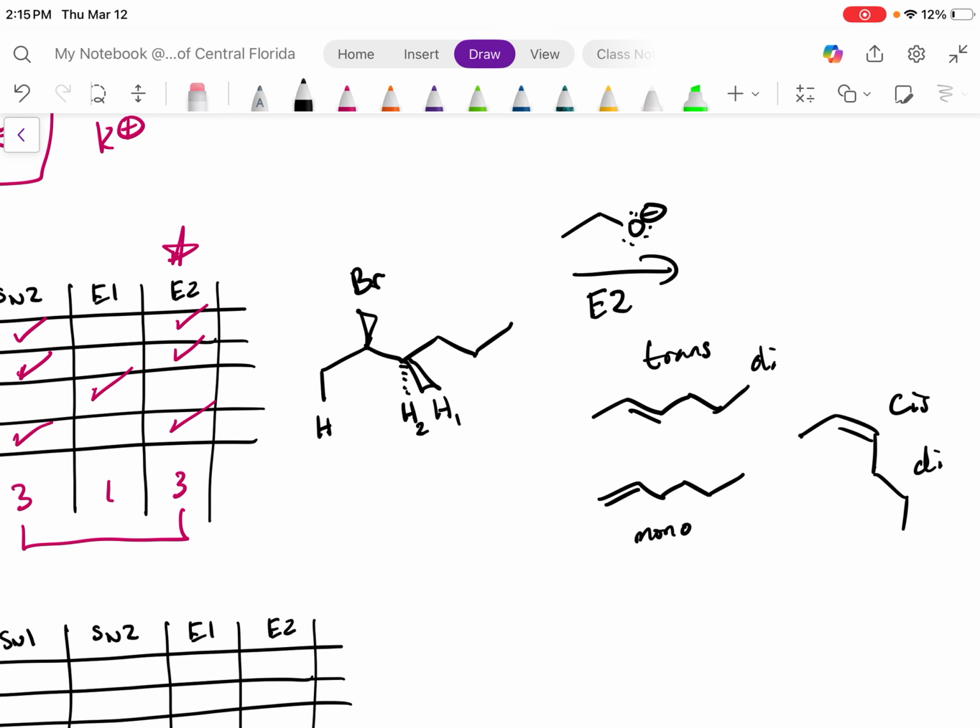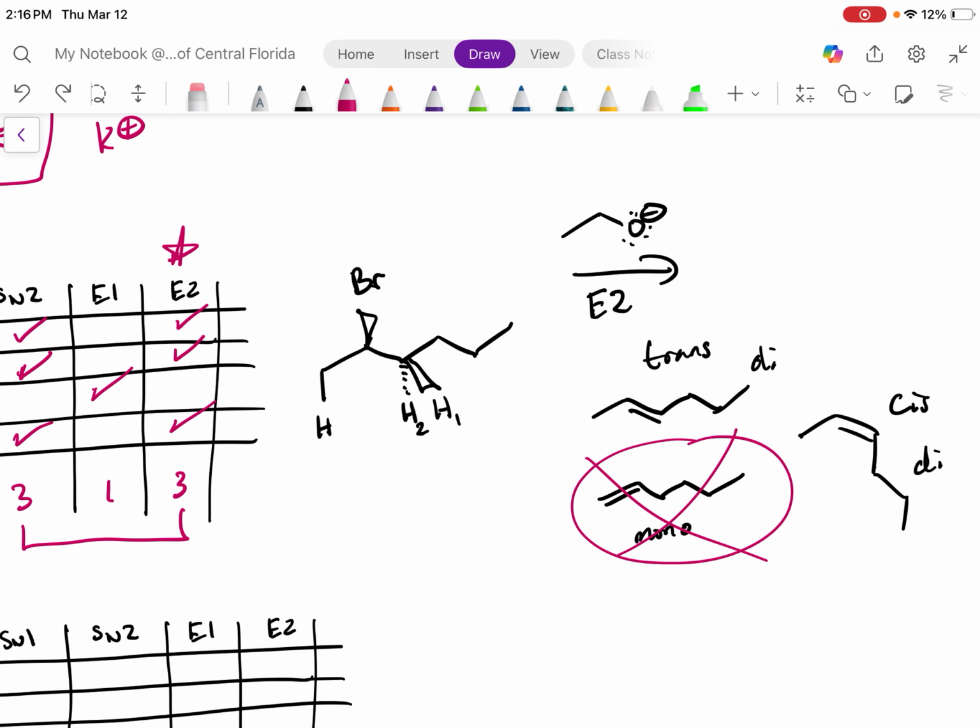Now out of the gate, after we predict those products, we could all say that that guy's not going to be the major product because it's only mono-substituted, and because these 2 protons right here would give us a di-substituted product. So based off of thermodynamics, we would expect the di-substituted alkenes to be the major products.